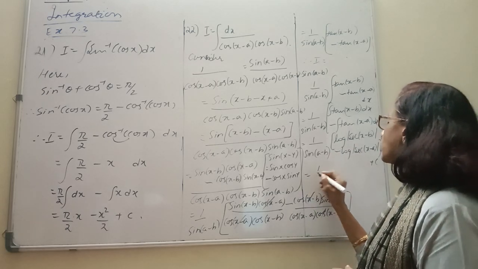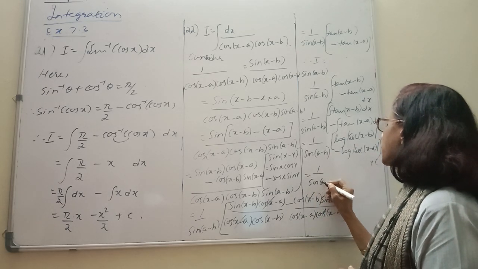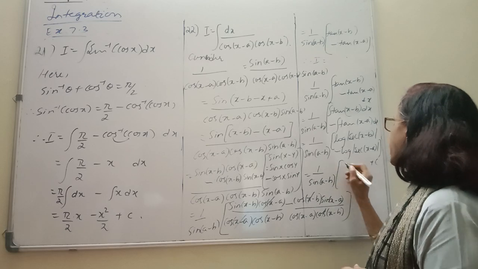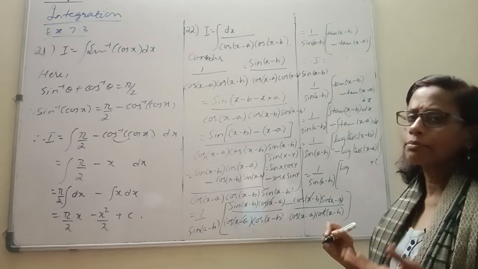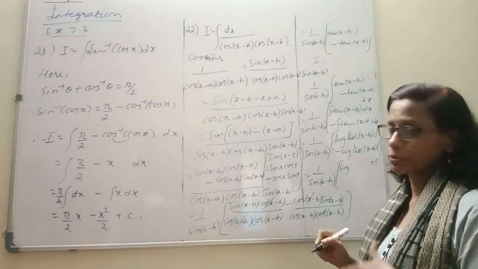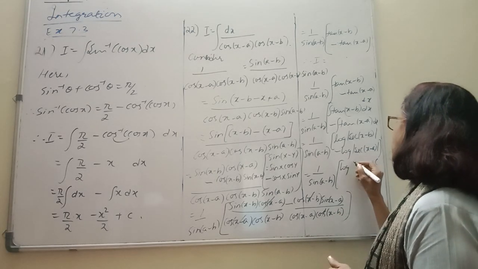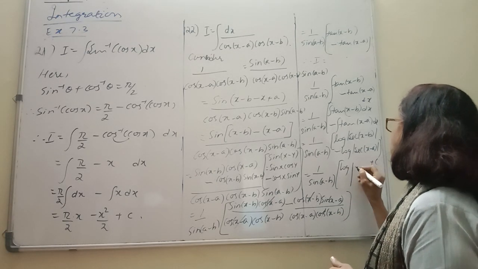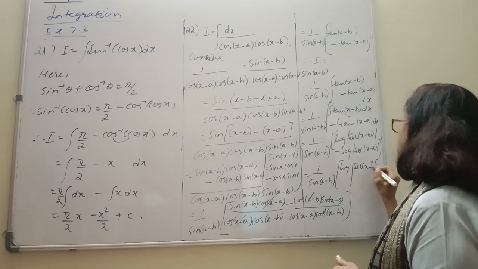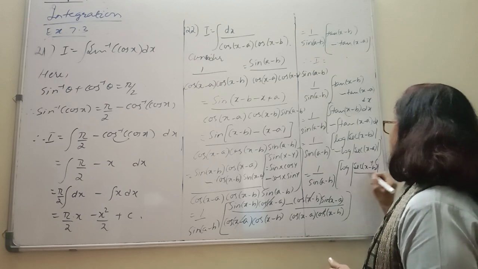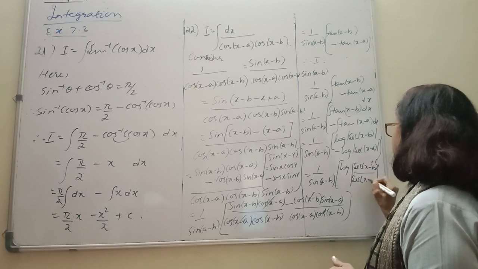If you want, you can do one more step: log a minus log b is log a over b. So you can write it as 1 over sin a minus b times log modulus of sec of x minus b over sec of x minus a, plus c.